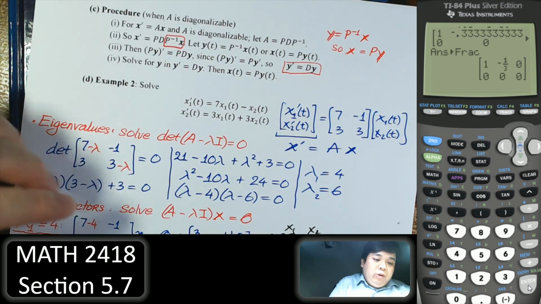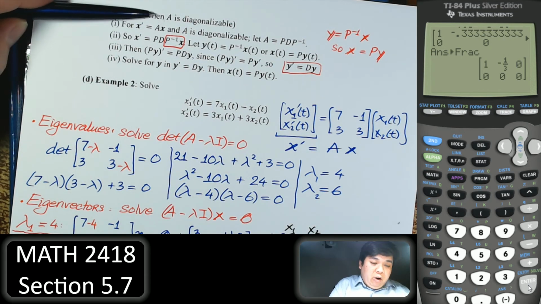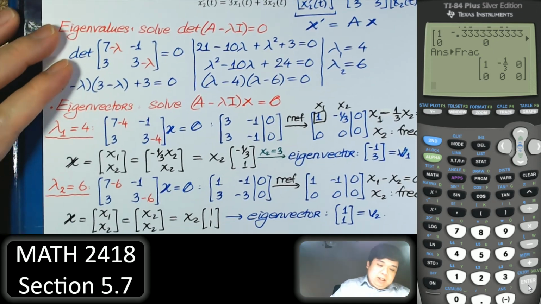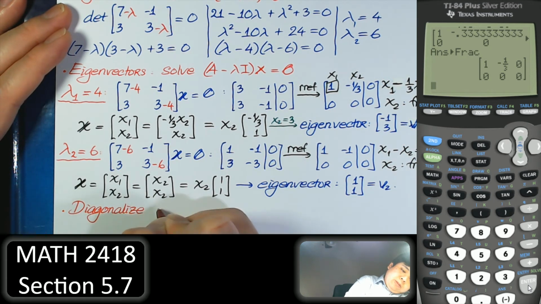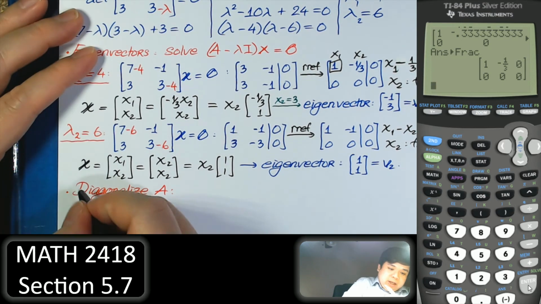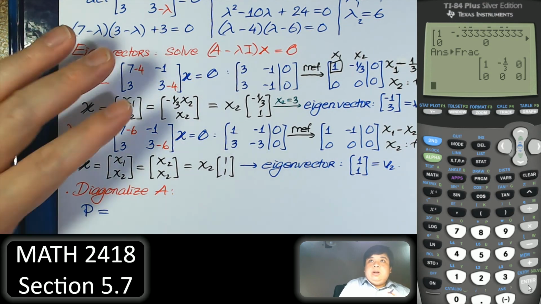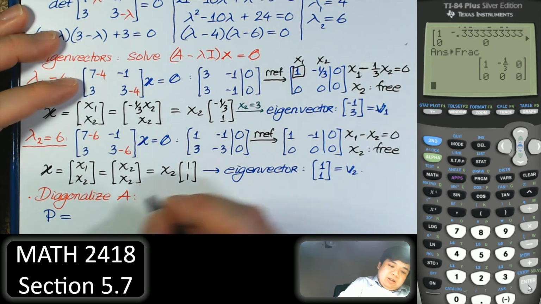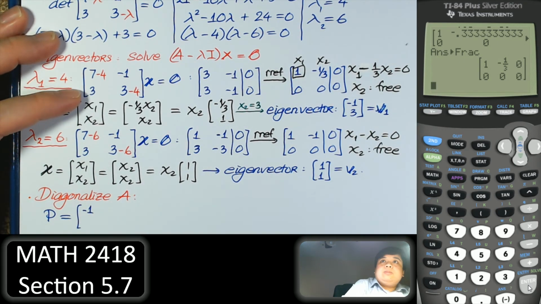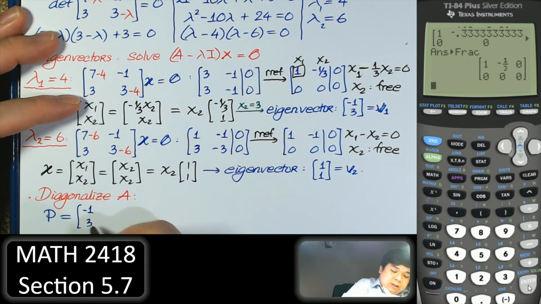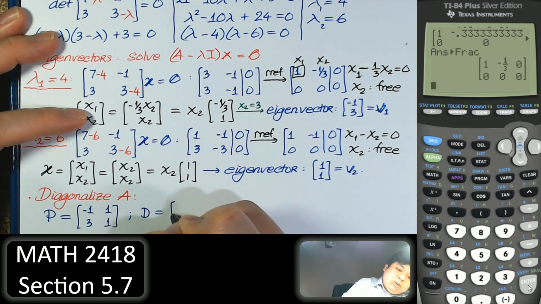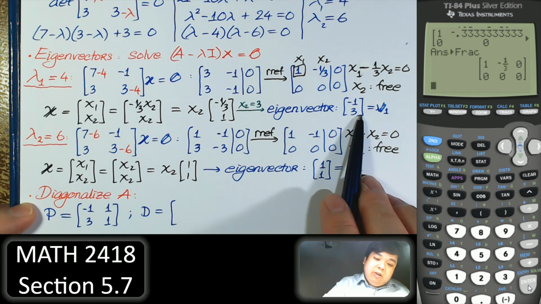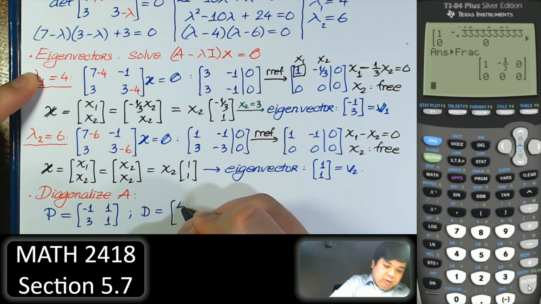So we find with that we can diagonalize A with P and D. So let's write the diagonalization of A. So the matrix P is equal to the columns of the eigenvectors, so -1 and 3 and 1 and 1, and matrix D corresponding to that. We use this first eigenvector, so we use eigenvalues of 4 and 6.